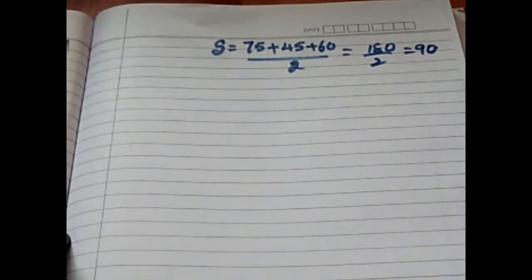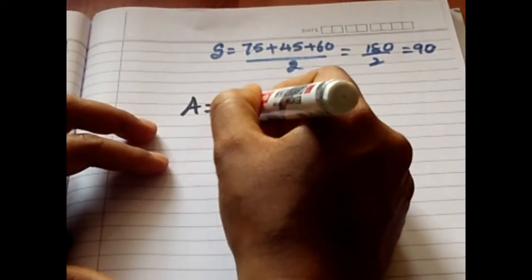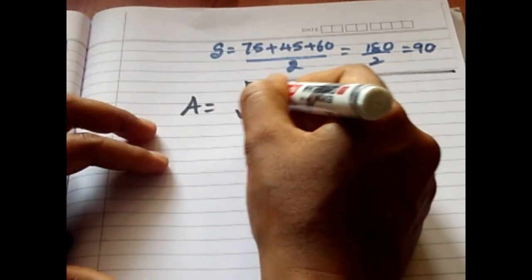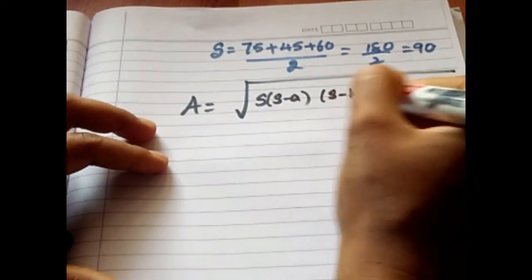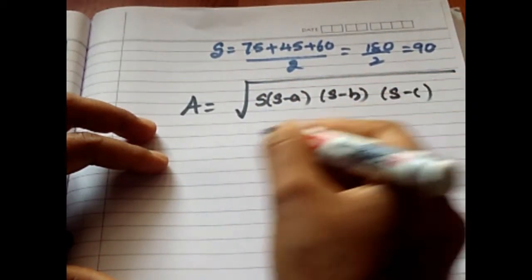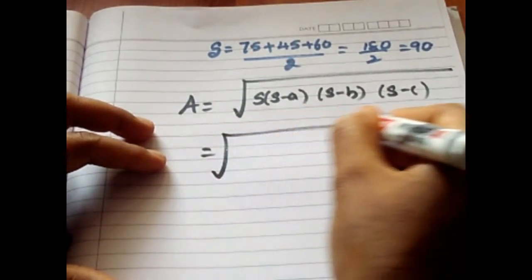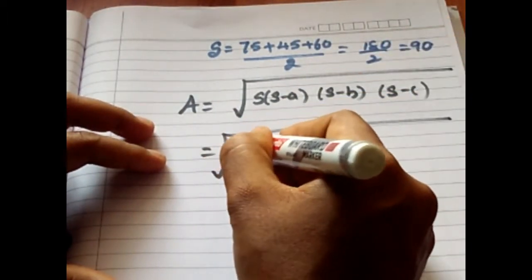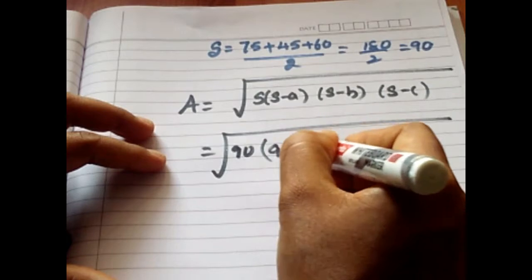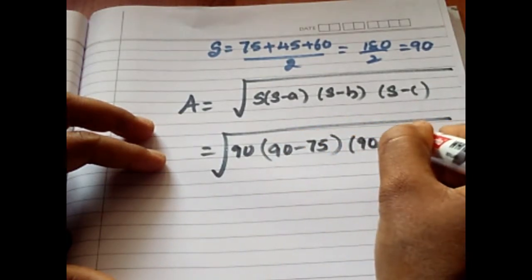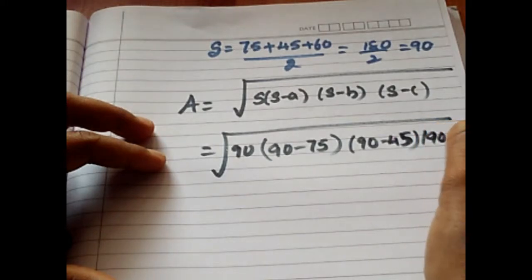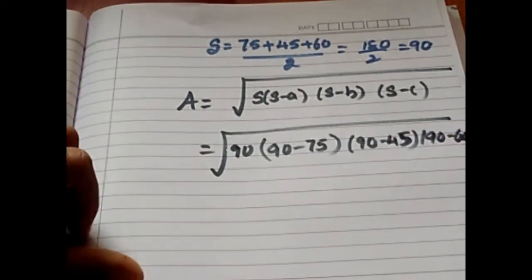Now apply Heron's formula, that is area is equal to square root of s into (s minus a) into (s minus b) into (s minus c). Semi-perimeter is 90, that is 90 into (90 minus 75), (90 minus 45), (90 minus 60).